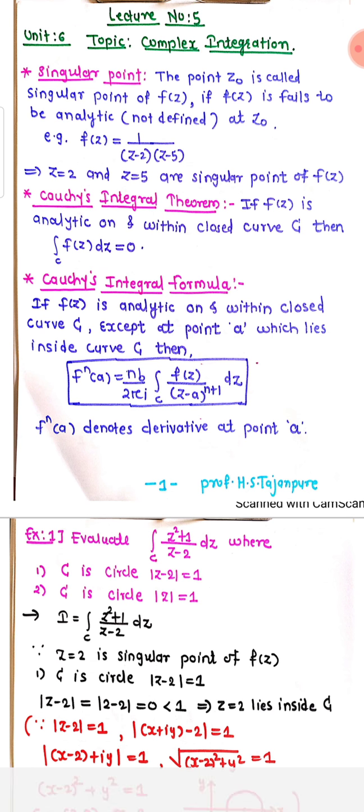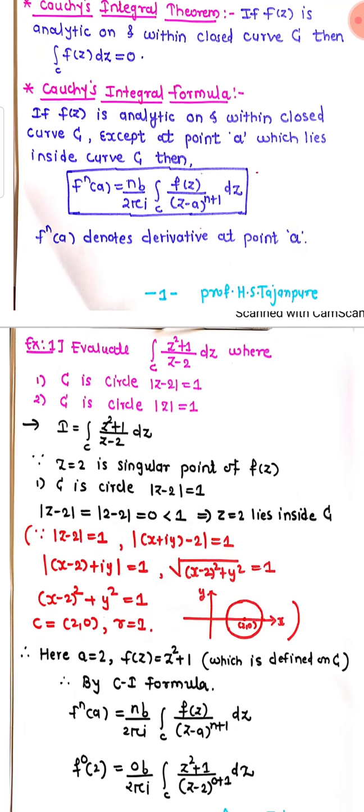We use the integral formula whenever we have a point which lies inside the curve C, where f raised to n of A denotes the derivative at the point A.